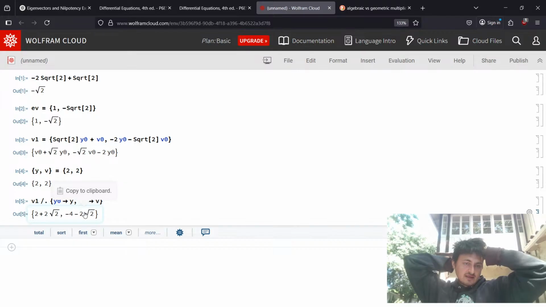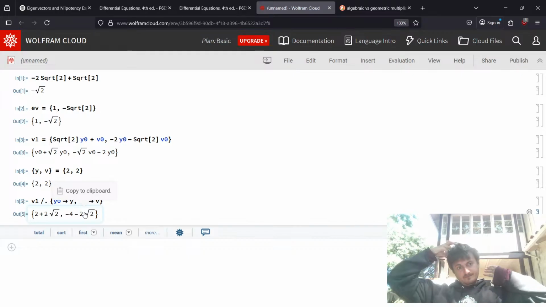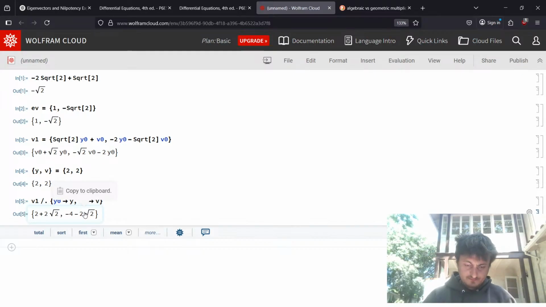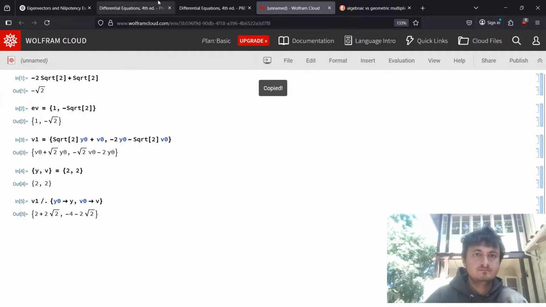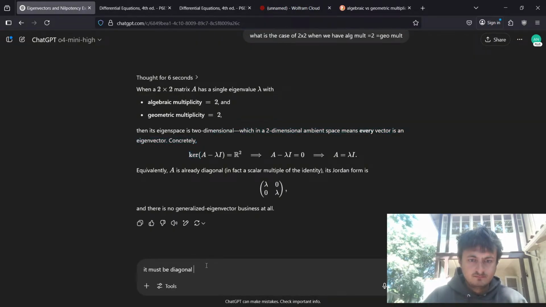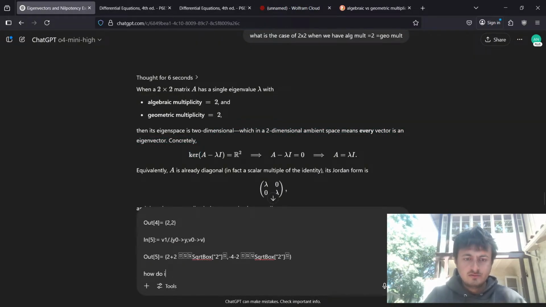But is that thing in the span of my eigenvector, 1 minus square root 2?